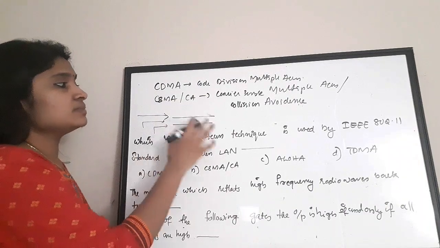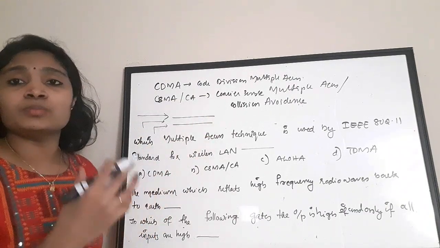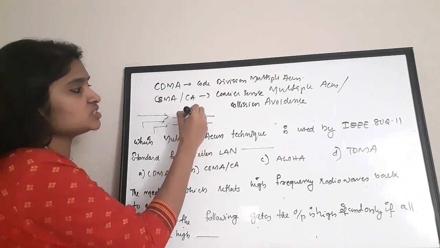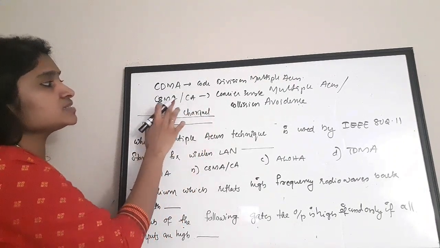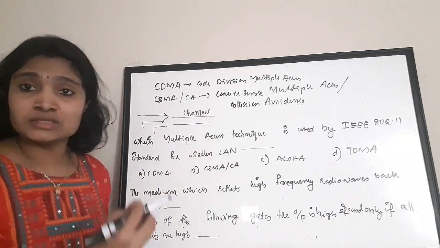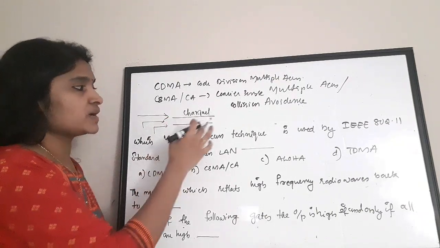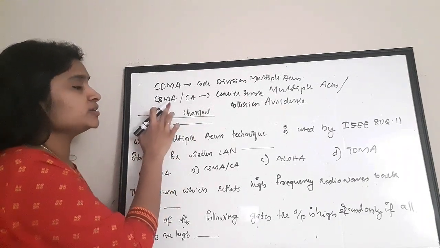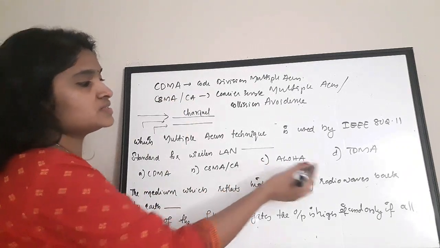If there is some electrical signal present, the user will block itself from sending data. In order to avoid collision in this communication channel, this method is used. So it is called carrier sense multiple access with collision avoidance. Then option C is Aloha.